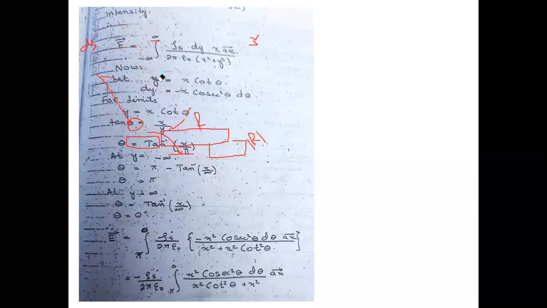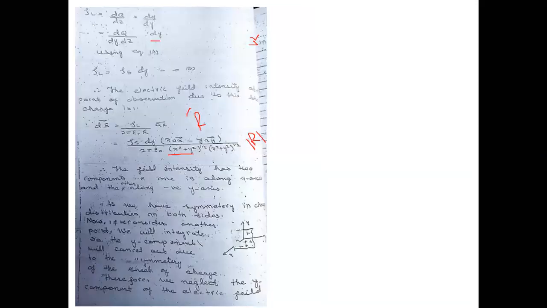Now again we have two terms, x and y. Due to symmetry we have to consider only x, and we will ignore the y portion.